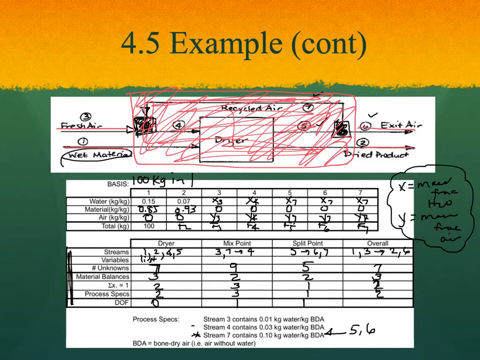So I have 7 equations, 7 unknowns, I have 0 degrees of freedom. So I can solve the overall or the dryer, and I can do it in either order.